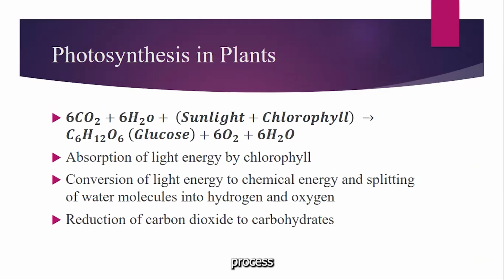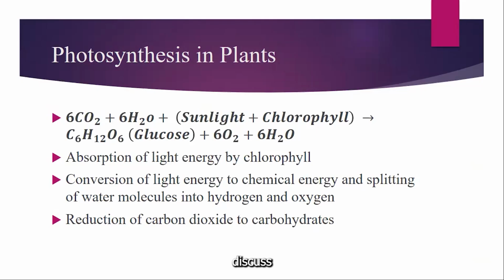The photosynthesis process is put in a formula: carbon dioxide plus water, in the presence of sunlight and chlorophyll, gives you glucose, oxygen, and water. So what are the inputs and outputs? The inputs are carbon dioxide and water. The carbon dioxide and water are taken in through various parts of the plant. Carbon dioxide is taken in through stomata, whereas water is absorbed by the roots of the plants.